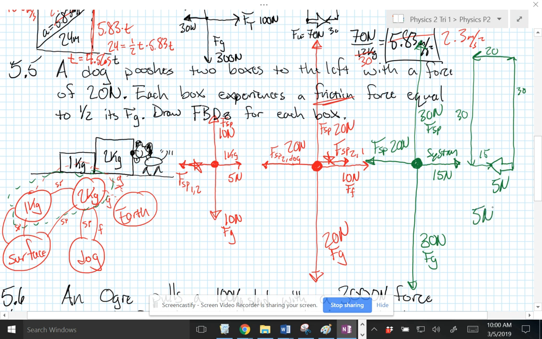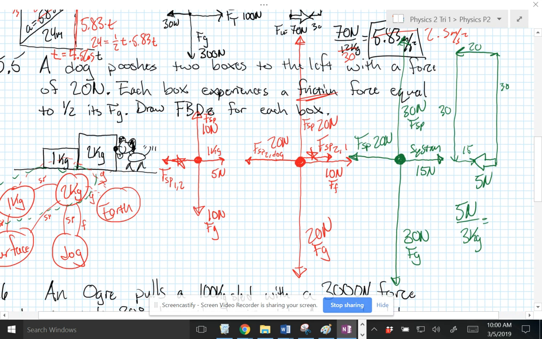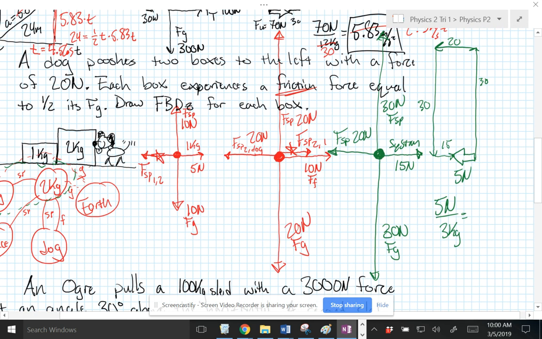I've got 5 newtons of FU. If I divide that by 3 kilograms of mass, that's going to give me my acceleration here. Okay? 5/3, so 1.67 meters per second squared.